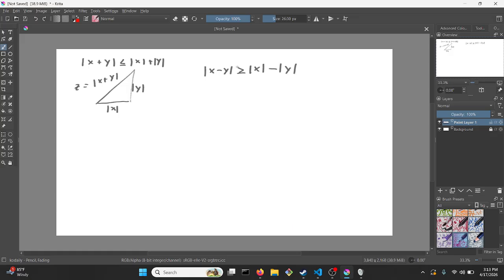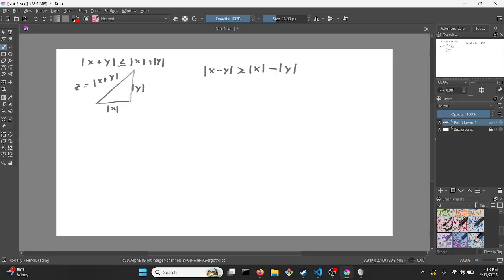And I think this one is not so intuitive unless you think about x and y as vectors and not just real numbers like they are here. I mean, these are still vectors, but I kind of see them as just the scalar distances here, right?